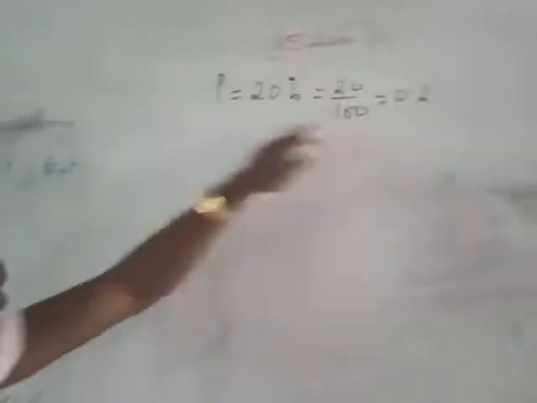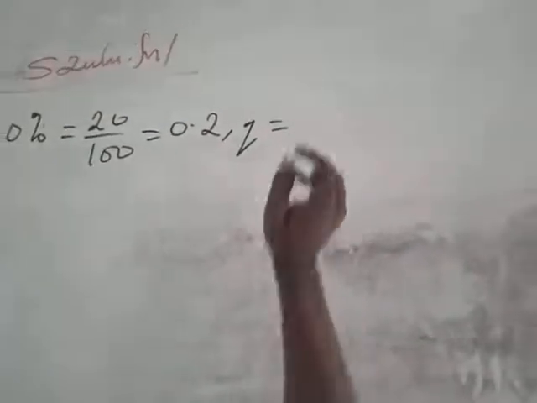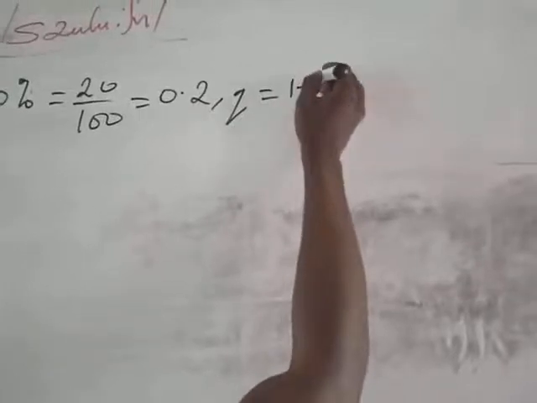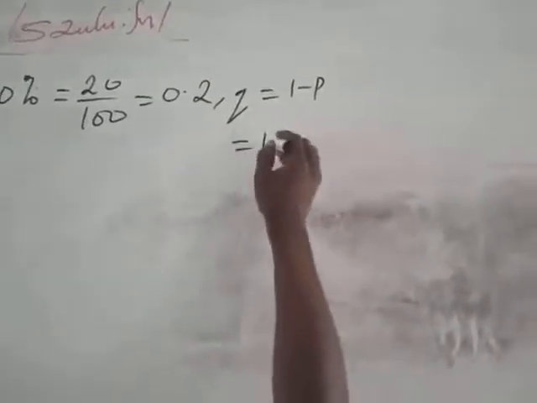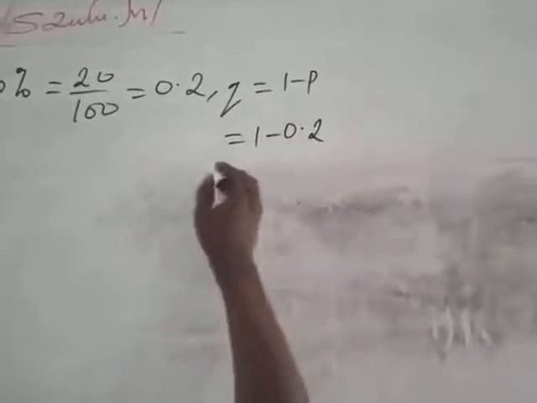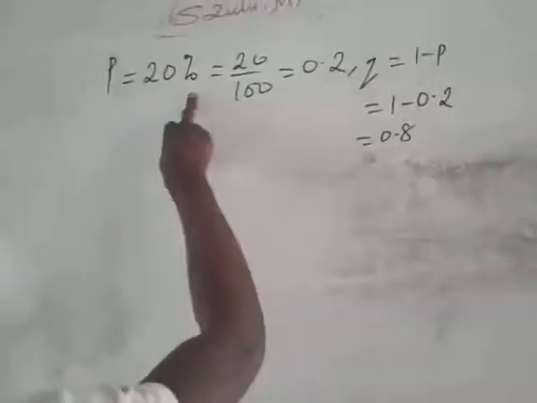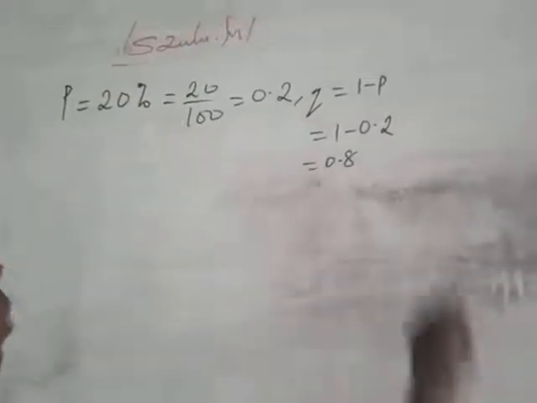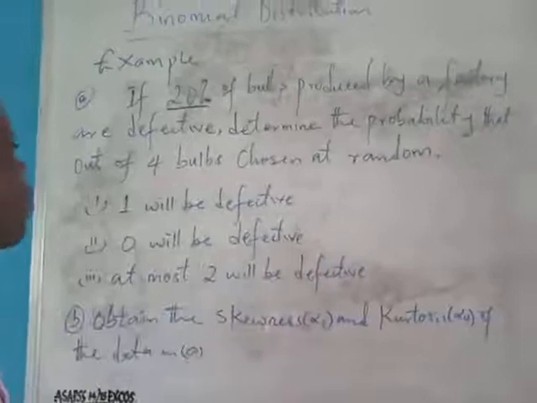So if our P is this, then our Q, that's the probability of not defective, will be equal to 1 minus P. And the answer will be 1 minus 0.2, which is equal to 0.8. So this is the probability of defective, and this is the probability of not defective. The question asks us to find the probability that 1 will be defective.